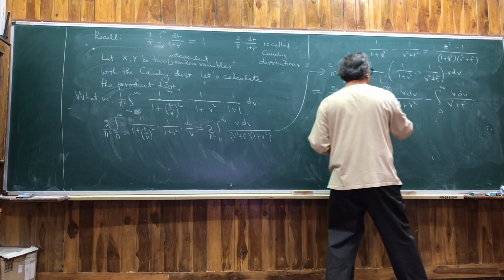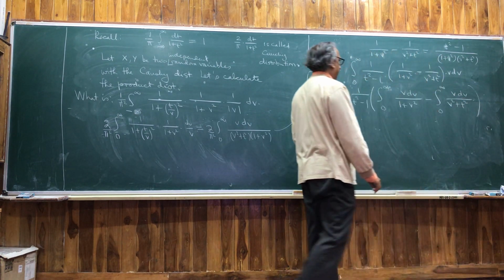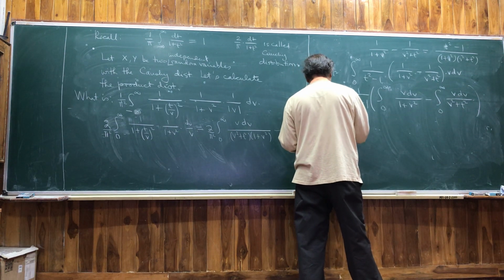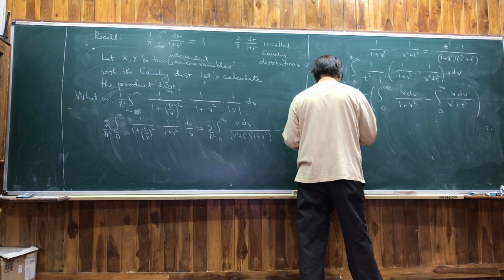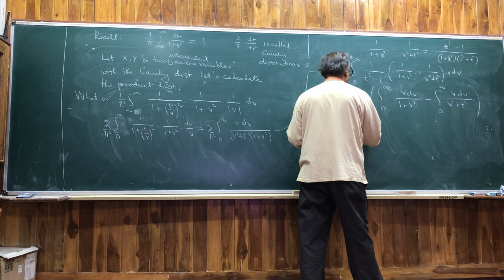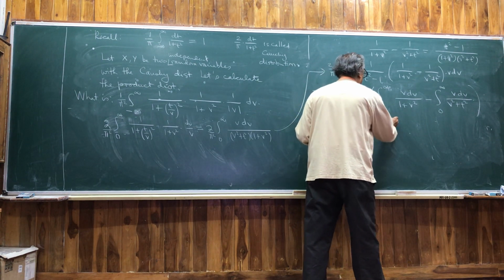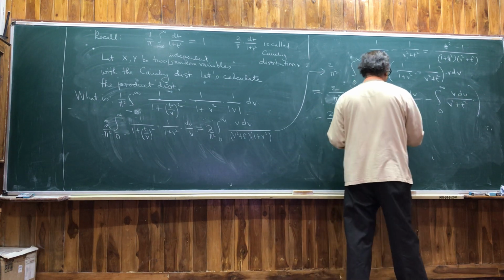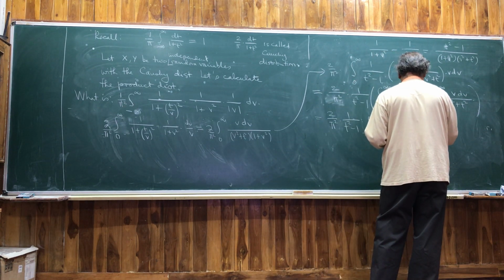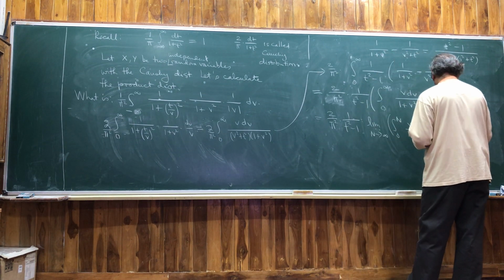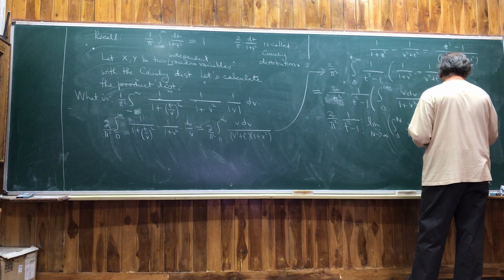So we have this bracket. We see that this is equal to 2 over pi squared, 1 over t squared minus 1, limit as n goes to infinity of the integral from 0 to n of v dv over 1 plus v squared minus the integral from 0 to n of v dv over v squared plus t squared.